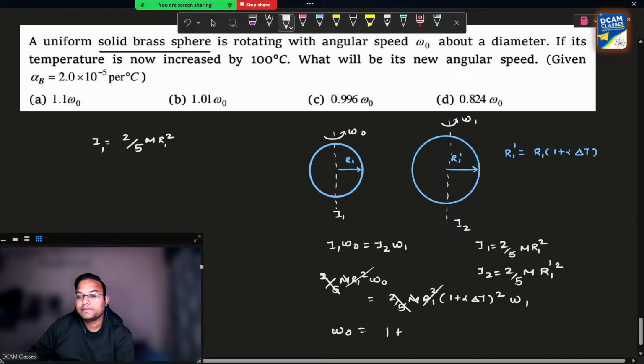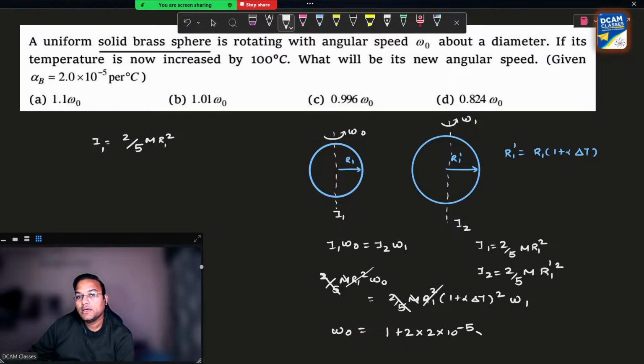I'll approximate 2 into 2 into 10 power minus 5 into 100.